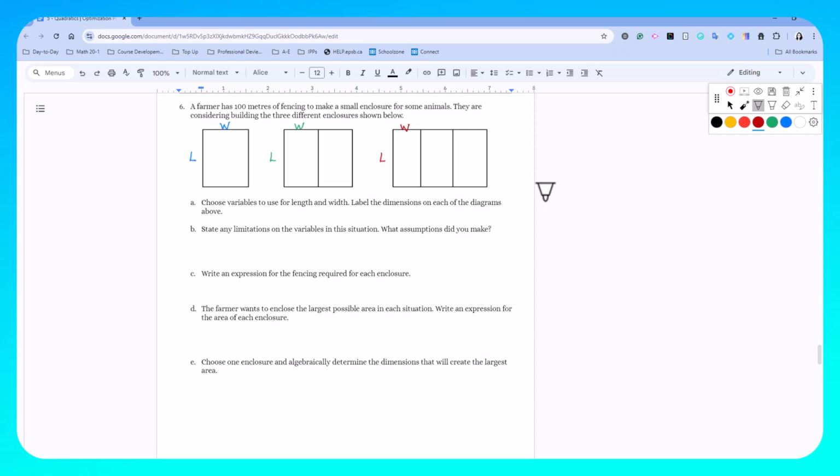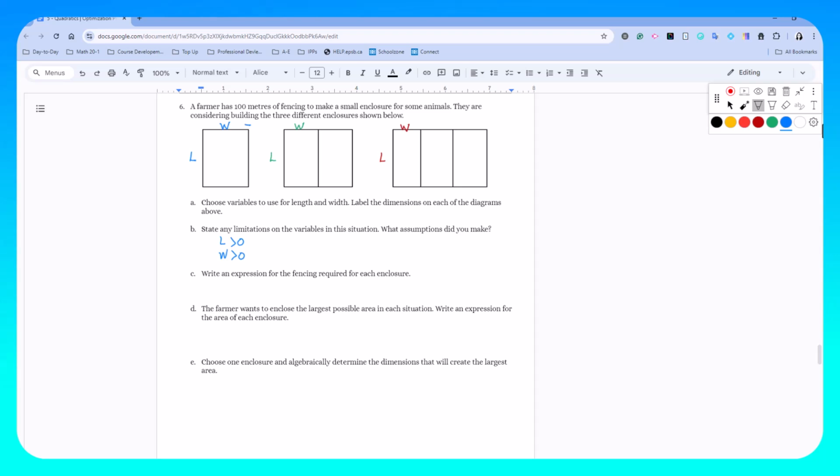Now it says to state any limitations on this. Well, we know that in this case, we have to say that L and W must be greater than 0. The reason in this case it must be greater and can't equal, unlike profit where in revenue and money you can have 0 money and it makes sense, in length and width of shapes, if you reduce one of the dimensions down to nothing, you no longer have a dimension, you no longer have a shape.